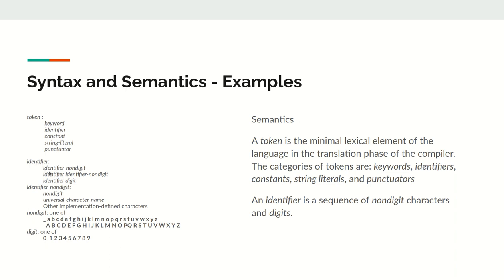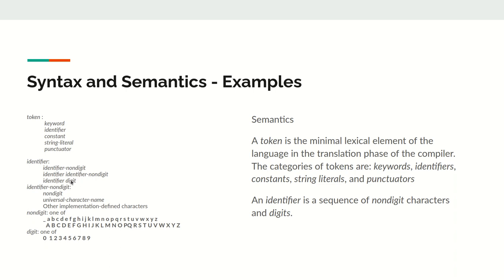So you will see here the semantics of the identifier. An identifier is a sequence of non-digit characters and digits. That's why, as part of the identifier, you will see identifier-nondigit and digit.